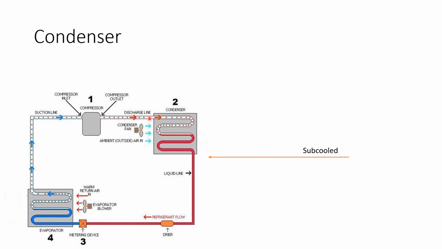But the temperature up here is way hotter than the temperature down here. And we have already created the change of state in the refrigerant. We've passed that saturation point right here. So therefore, anything below the saturation point in a condenser is considered subcooling. All right. So we come out of the condenser as a liquid and we flow into the metering device. And we'll talk about the metering device in a minute.